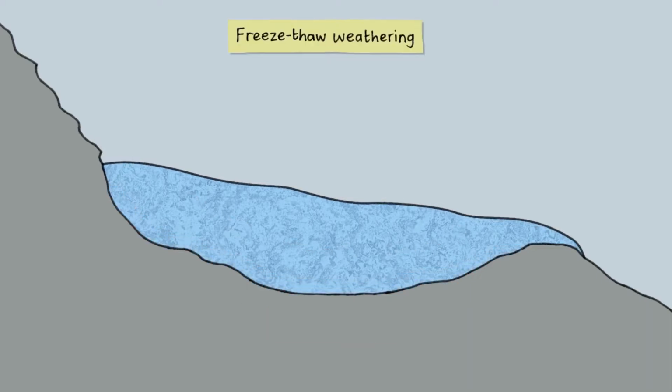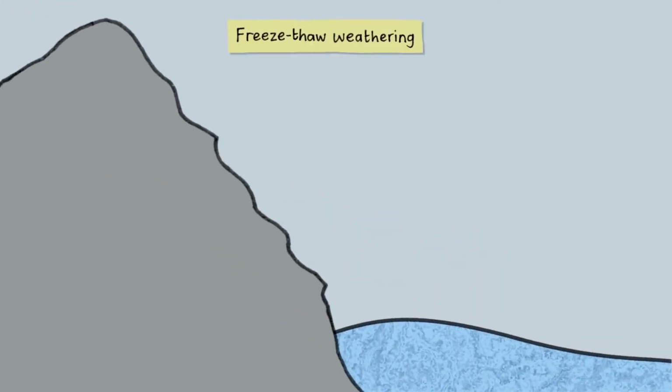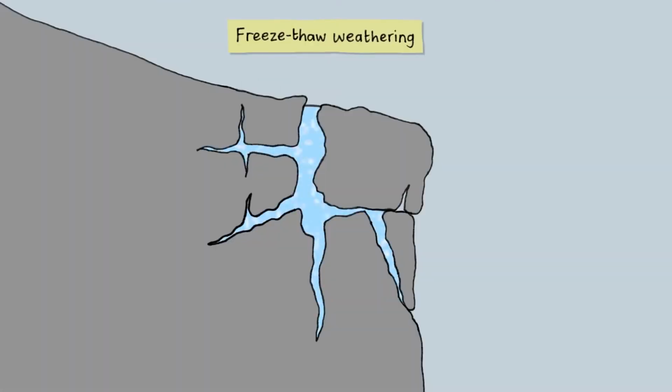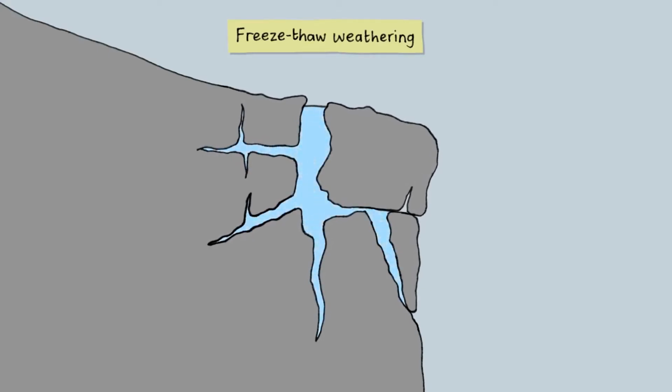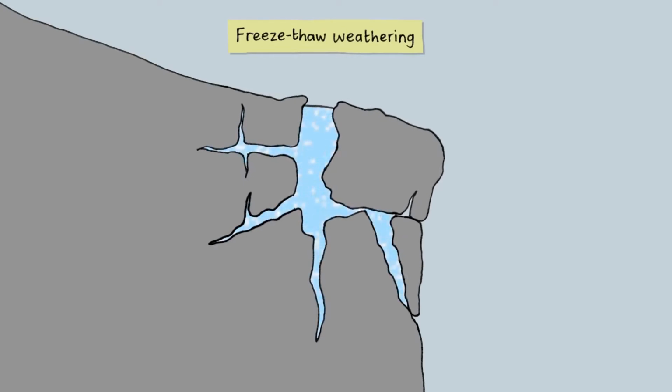Freeze-thaw weathering takes place above the glacier as water thaws and then refreezes inside cracks or fissures in the rock. Each time water freezes, it expands, widening the cracks a small amount. Eventually, the rock will burst apart.